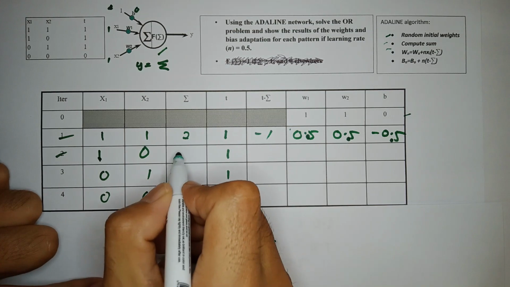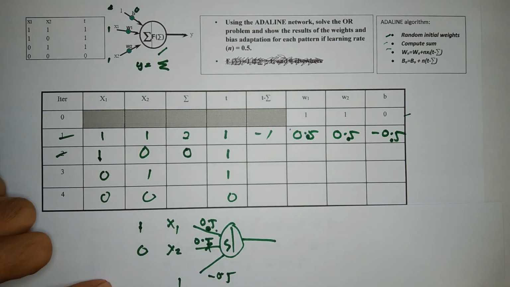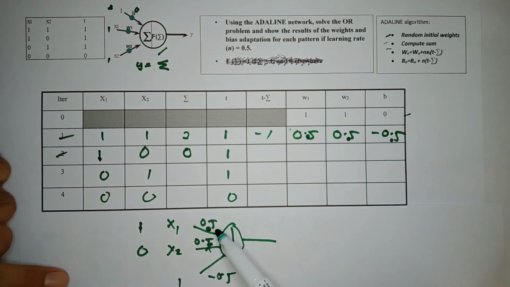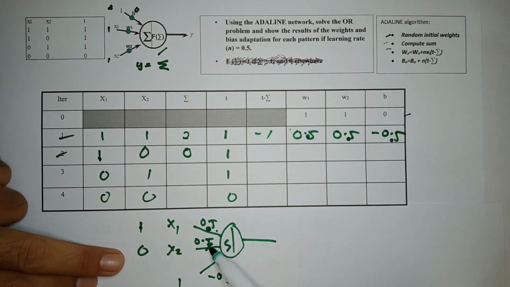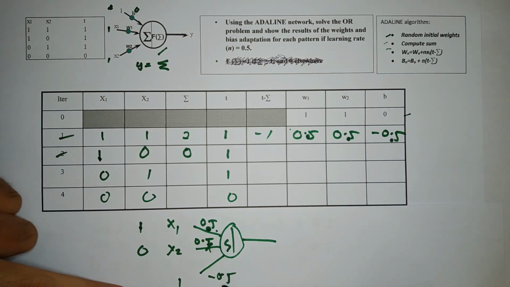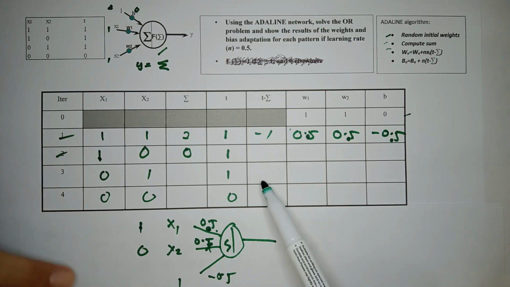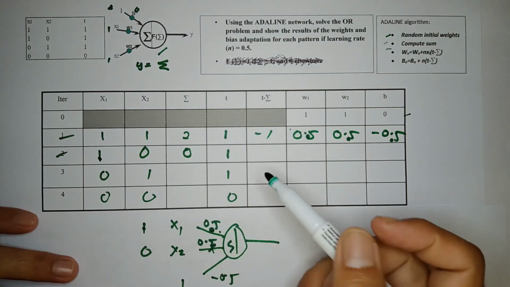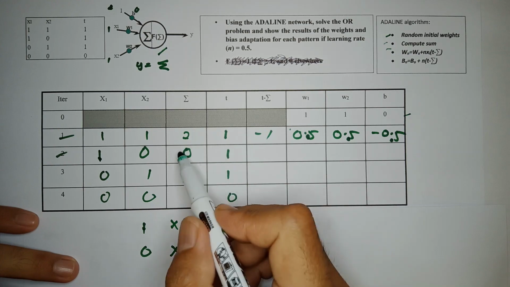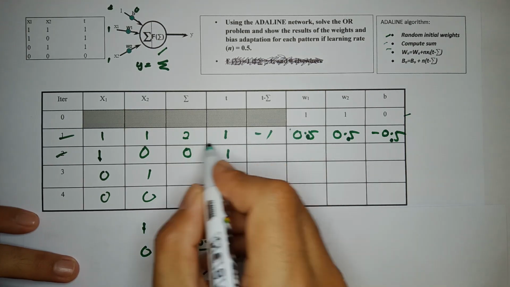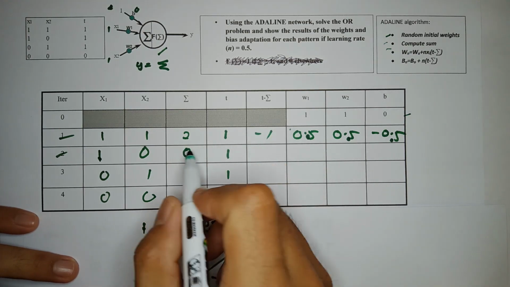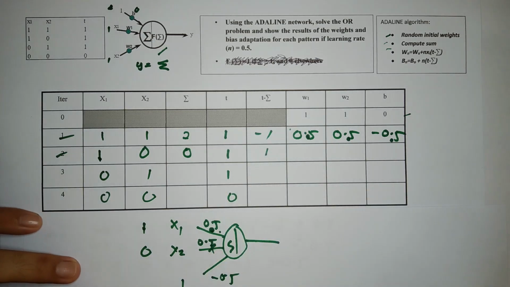So in this case, the summation value will be equal to 0. So 0.5 plus 0 minus 0.5, you have a summation of 0. The next part is t minus summation. In this case, 1 minus 0, which is equal to 1.